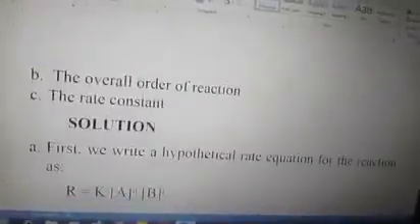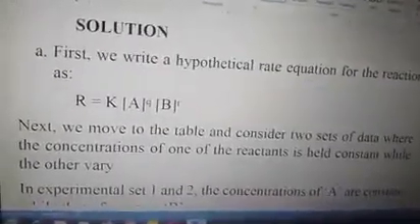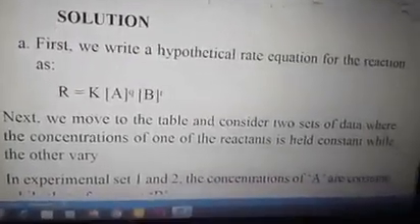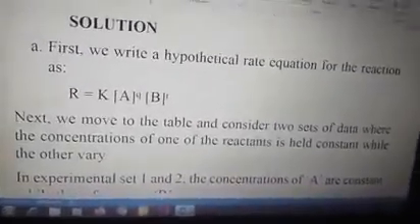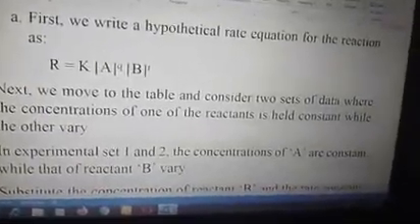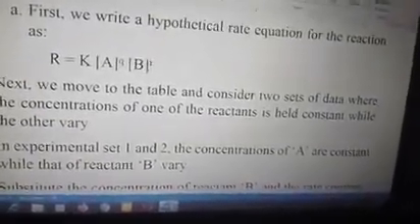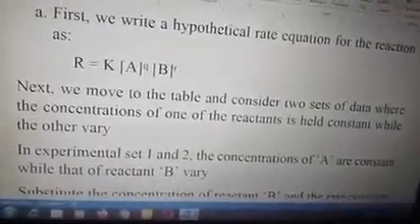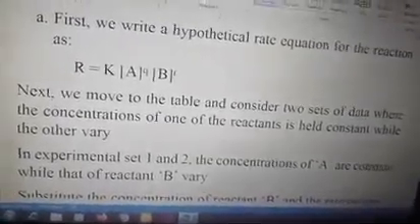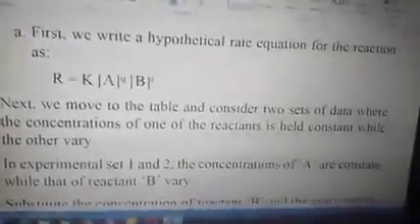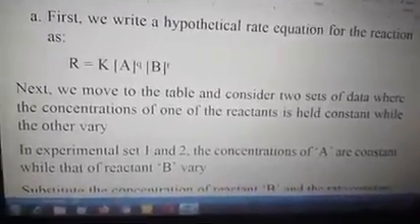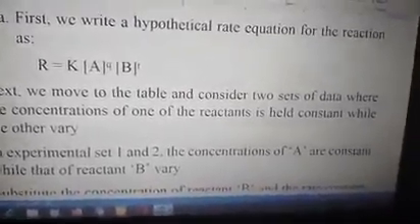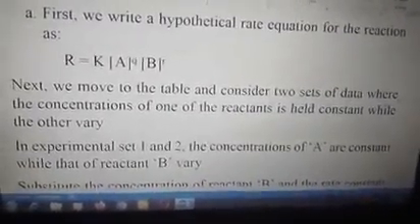So we'll now continue. Next, we move to the table and consider two sets of data where the concentration of one of the reactants is held constant while the other varies.